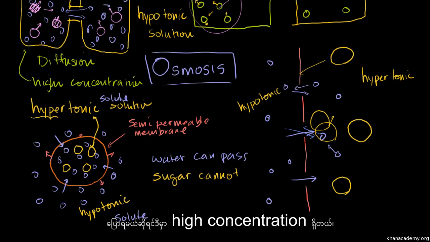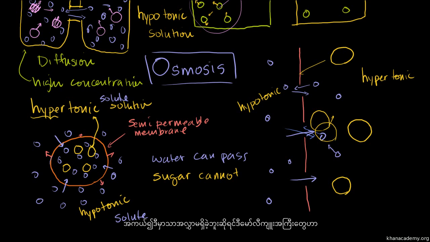So if you say, well, I have high concentration here, low concentration here. If there was no membrane here, these big molecules would exit. But because there's this semi-permeable membrane here, they can't. So the system, just probabilistically, no magic here, more water will enter to try to equilibrate the concentration.